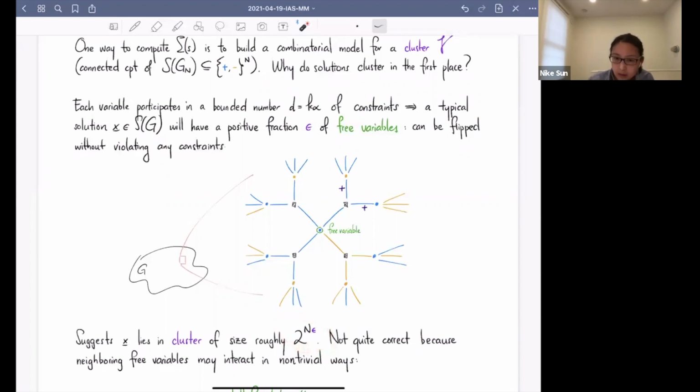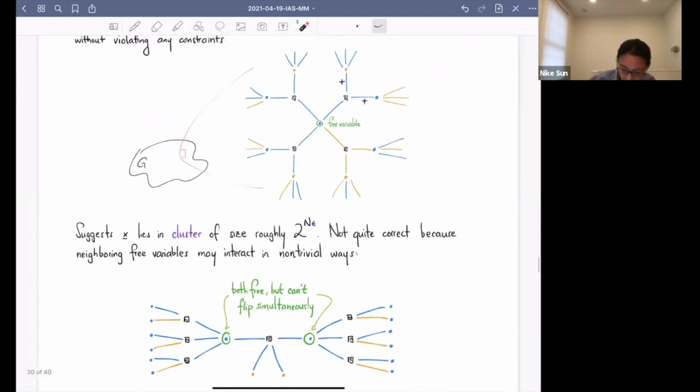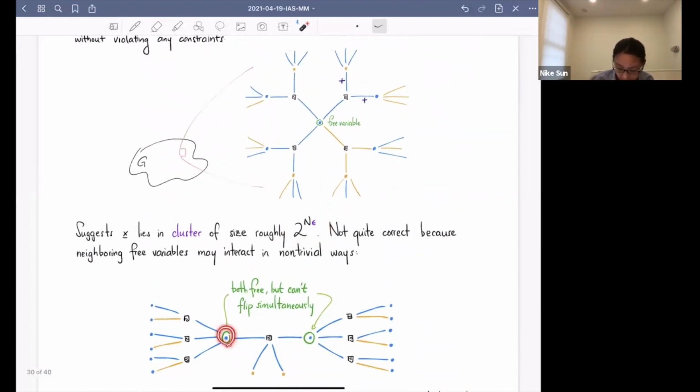So this is not quite correct because it's possible that you have two free variables next to each other and they interact in some slightly non-trivial way. So for example, here you have two free variables which are neighbors. So each of them you can flip by itself and not violate any clause that it participates in. But because they are joined by a clause where these two variables are both minus, you cannot flip them both simultaneously.